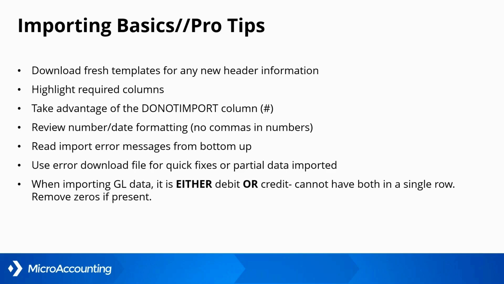If you want to know, you can go download fresh templates by yourself with any new header information. Even if you're using an import template from us, all you have to do is copy and paste that column that you want and put it into your current header. So you can always find what is available to be imported into Intacct.